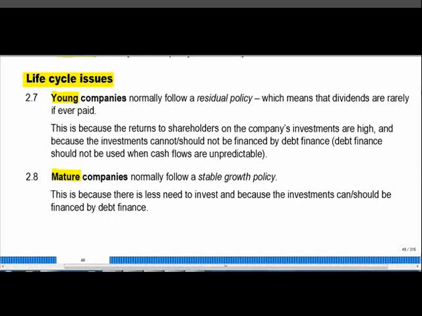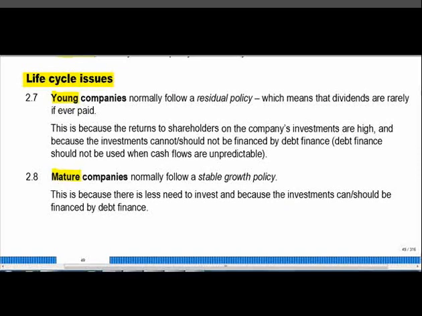Whereas a more mature company like Marks & Spencer would have limited investment needs and could fund its investment through debt finance. And it would be more happy to take on debt finance because it's got mature and reliable cash flows. This isn't a bad framework to use in the exam, but you can have an open mind about it and you can use your own common sense.